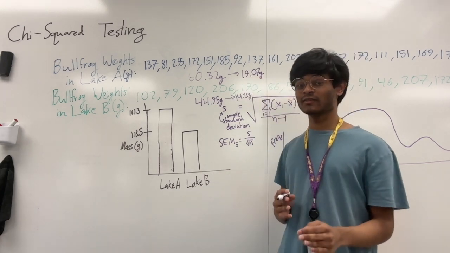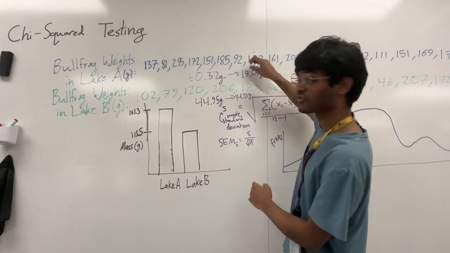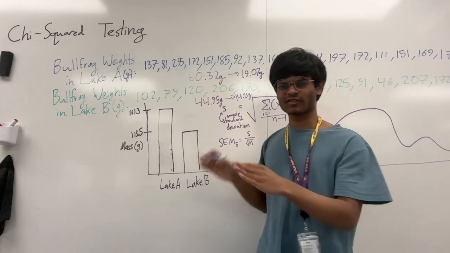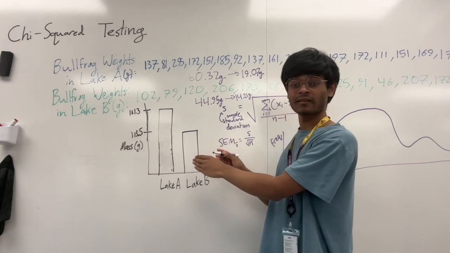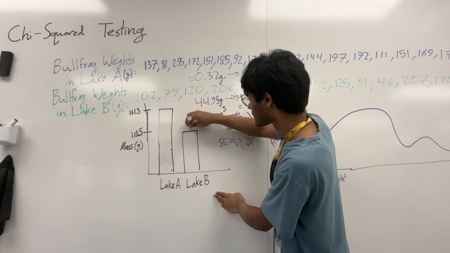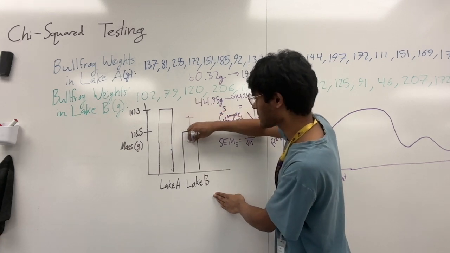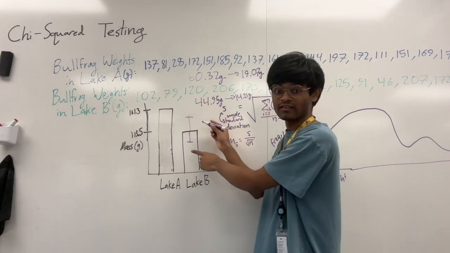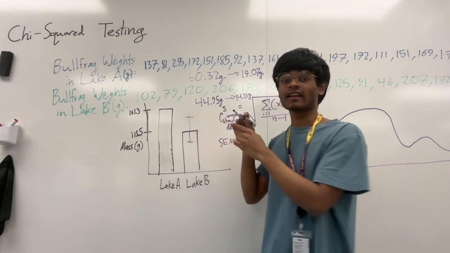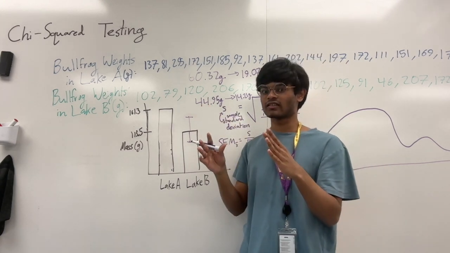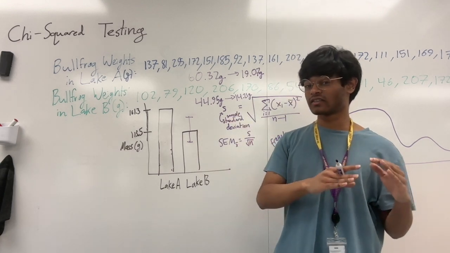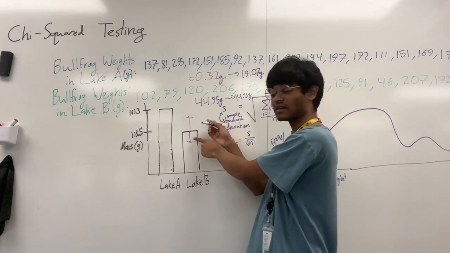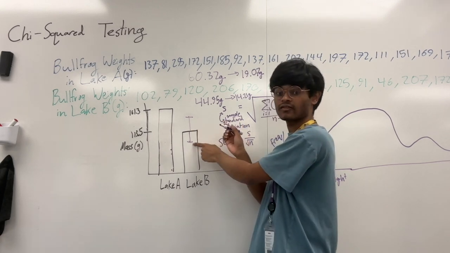Now, how could we use these standard errors, these descriptions for the spread or our uncertainty in our means, to actually see whether our two groups are different? We can draw two standard errors of the mean up and down from our means. The reason why we draw two is that it covers 95% of possible values. What we can say is that we're 95% confident that our real population mean is somewhere between these two bounds.